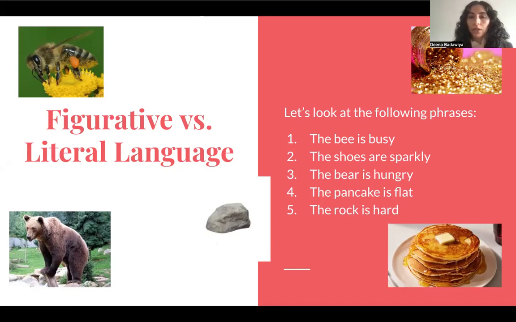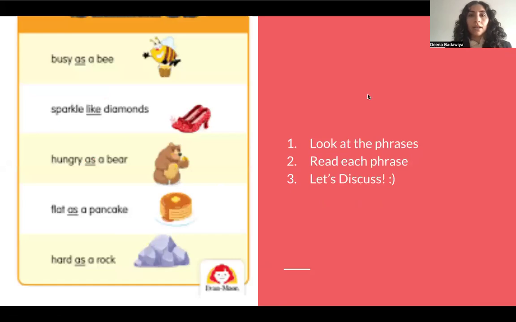So the first thing we're going to look at here are these phrases. So again, we're still looking at a bee. We're still looking at shoes, a bear, pancakes, and a rock. But let's look at the phrase, and why don't you go ahead and read each one for me? Okay, good. So busy as a bee. Now, before we said a bee is busy. This one is a little bit different because it says busy as a bee.